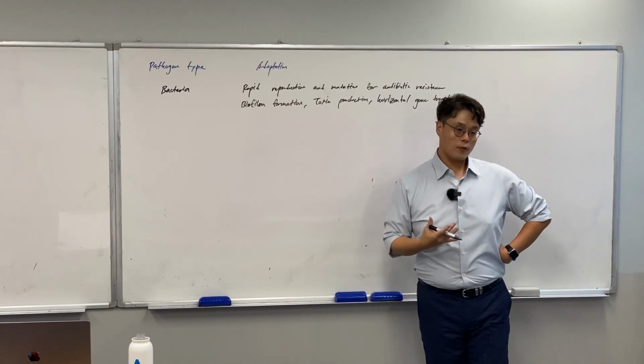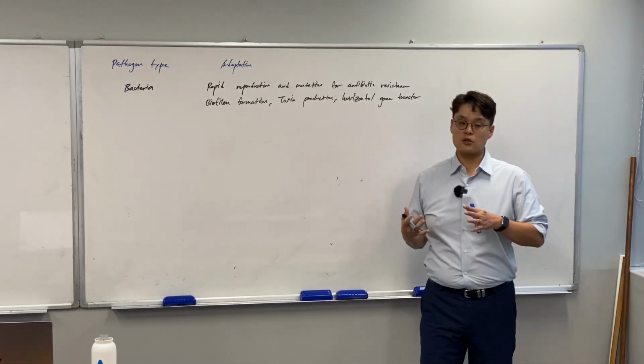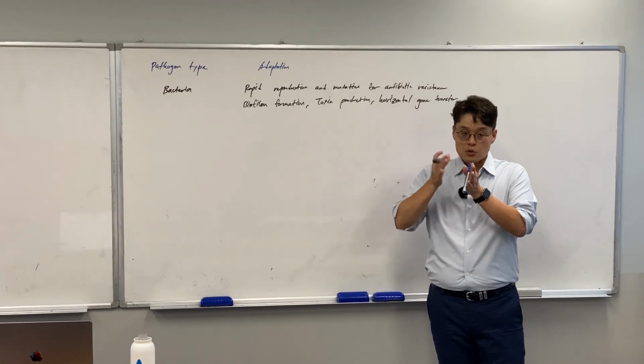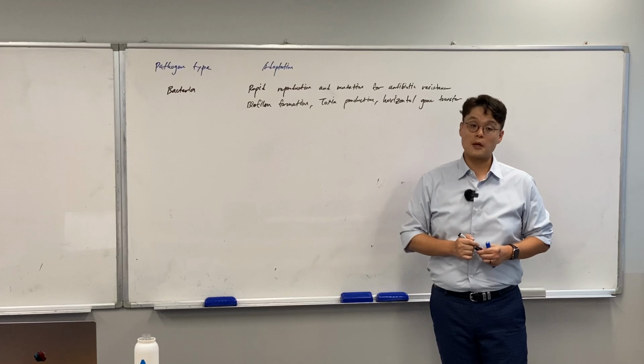That's possible for prokaryotic bacteria. Horizontal gene transfer means they can transfer genes from one to another really quickly, in the case of selective pressure.